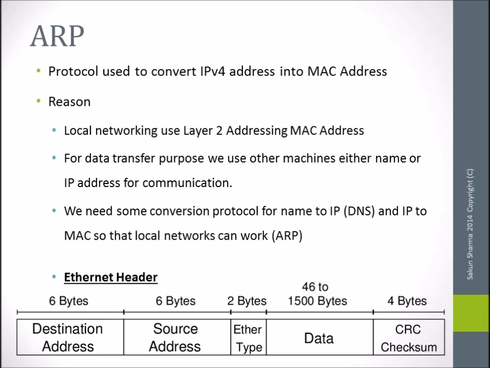But in real-time environment scenarios, whenever you want to transfer some data from one machine to another, you always ask your peer for his computer name, or at the max you ask him his IP address. You never ask him what his MAC address is, right?